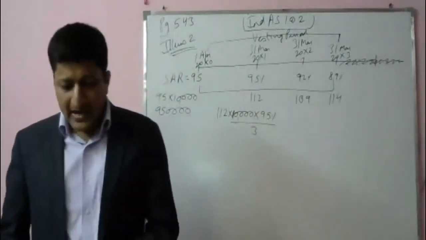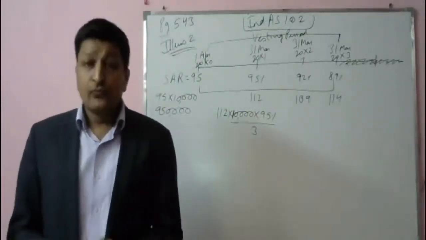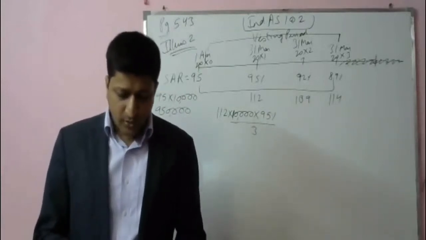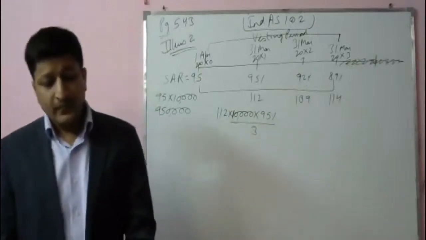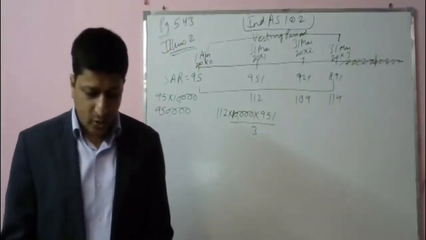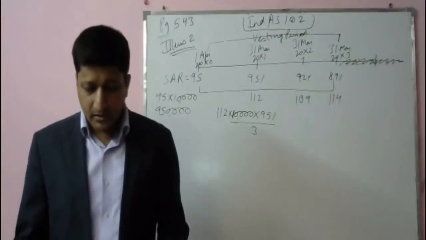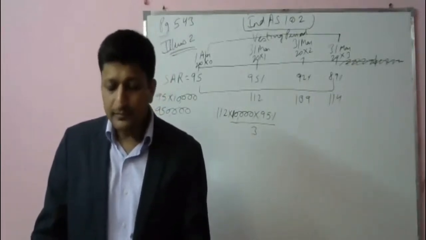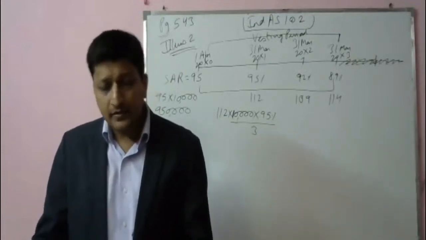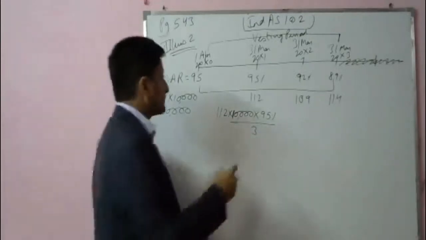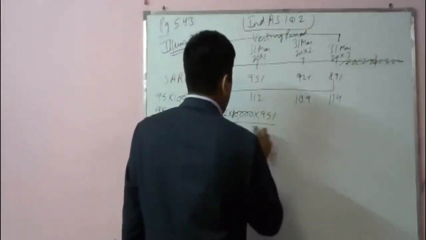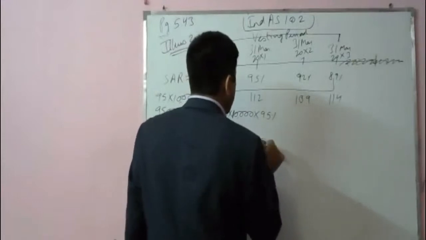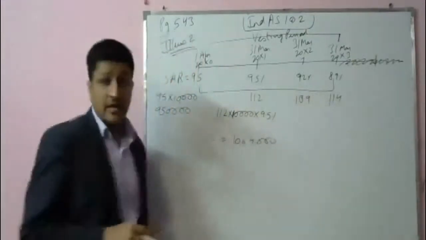So now at the end of first year, if I recompute this, what do I get? 112 into 10,000, 11,20,000 into 95%, 10,64,000 is the amount of liability. Correct?